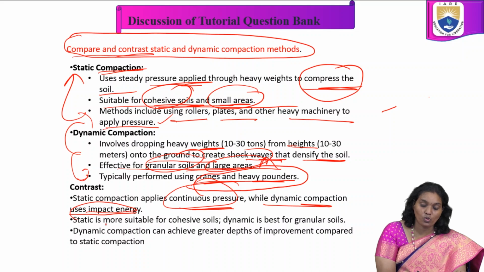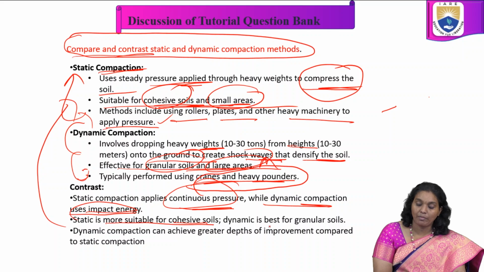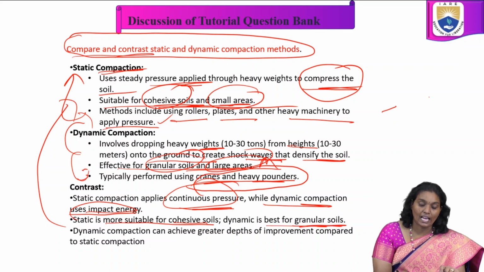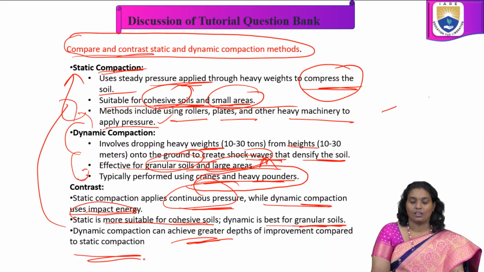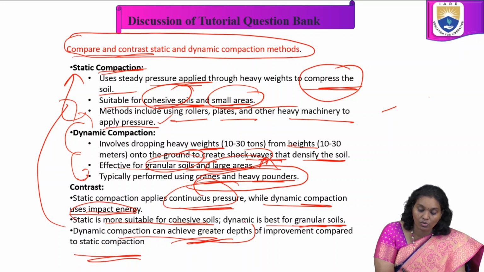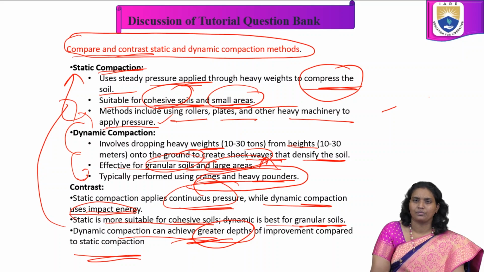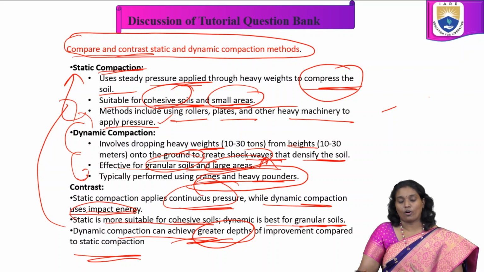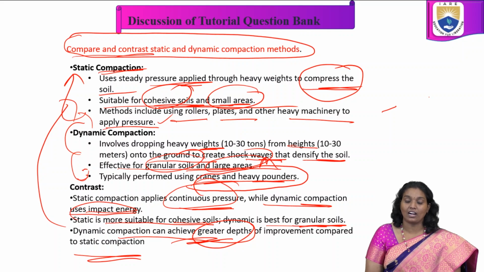Static is more suitable for cohesive soils, dynamic is best for granular soils. Dynamic compaction can also achieve greater depths of improvement compared to static compaction. Like this, a few more are there, so according to your understanding, please write them and use the exact terminology.